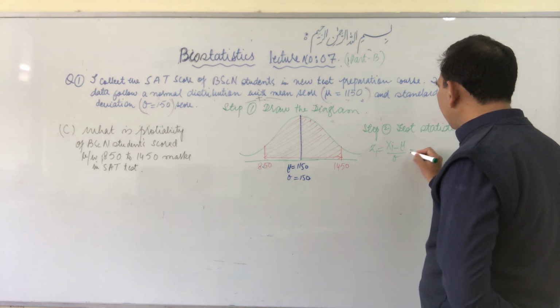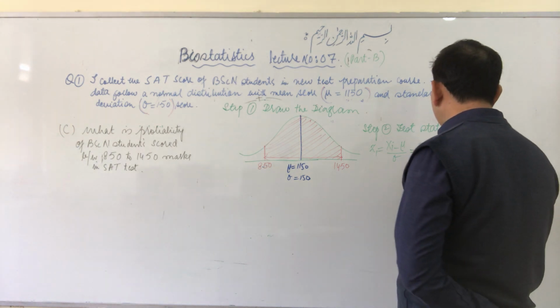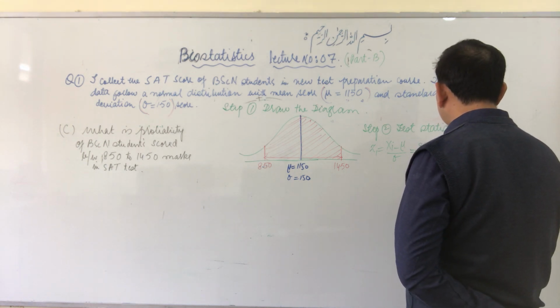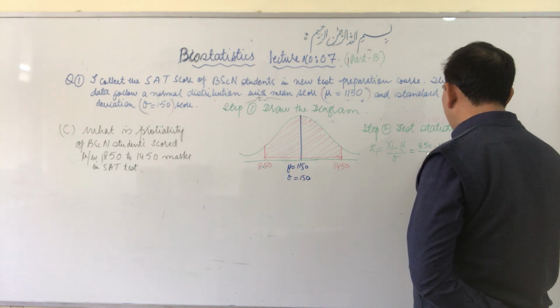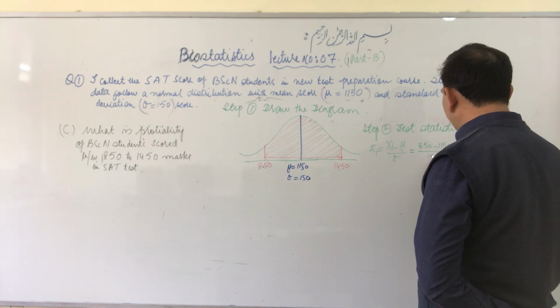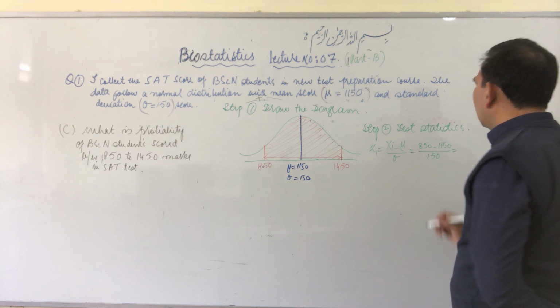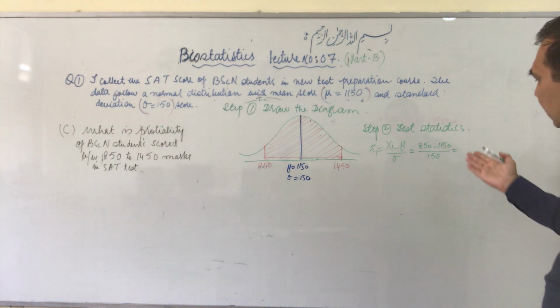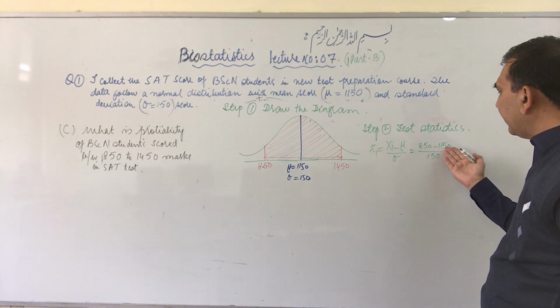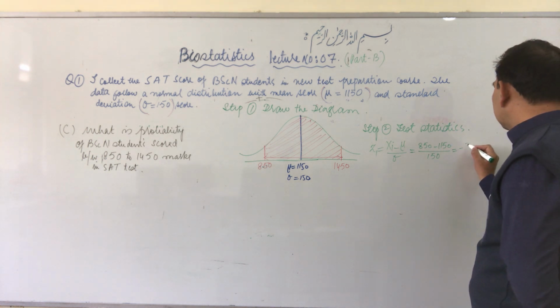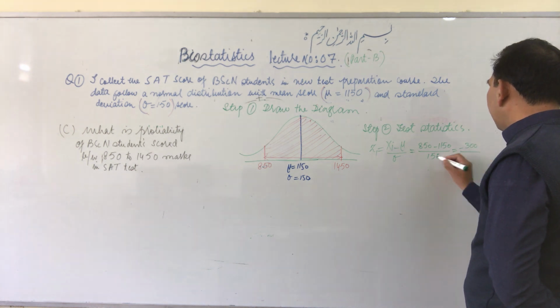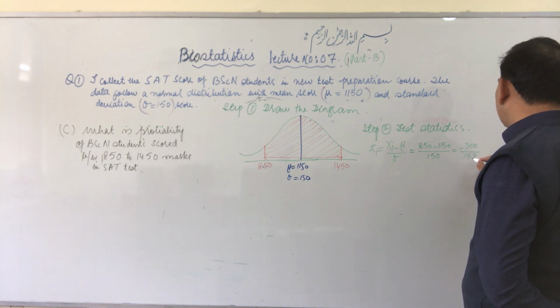So Z1 we will go to 850 minus 1150. The mu is 1150 and divided by 150. If you subtract 850 from 1150, it will be around 300 and divided by 150. So it's minus 2.